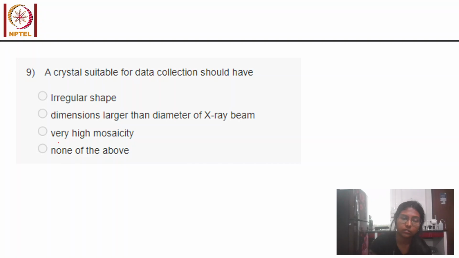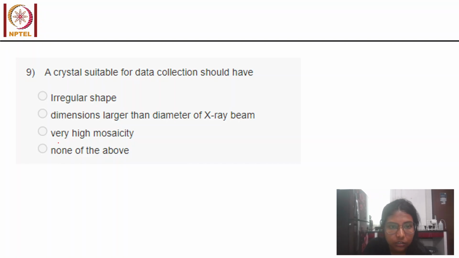Then the next question was: what are the requirements for a crystal which is suitable for data collection? If a crystal has irregular shape, it is not a very good practice to use that for data collection. If a crystal has dimensions larger than the diameter of the X-ray beam, then obviously you cannot use that crystal for data collection, because you will not get the complete set of HKL reflections.